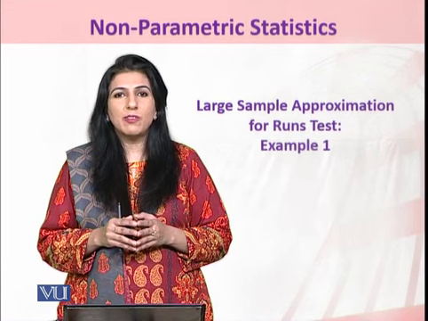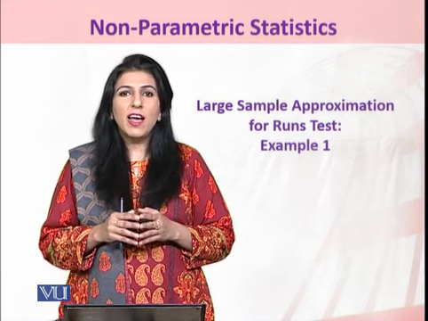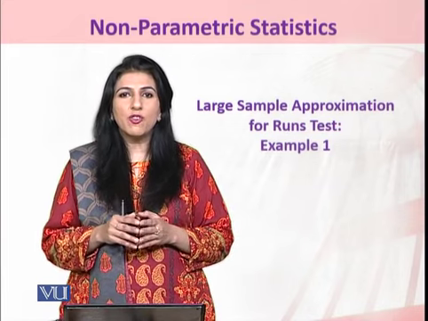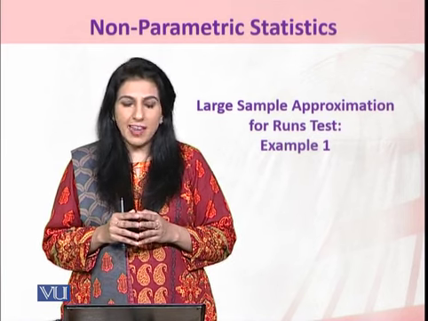So students, I'll be sharing one example where your sample sizes are slightly greater than 10, and then we would be making use of the large sample approximation to test the randomness in the data.